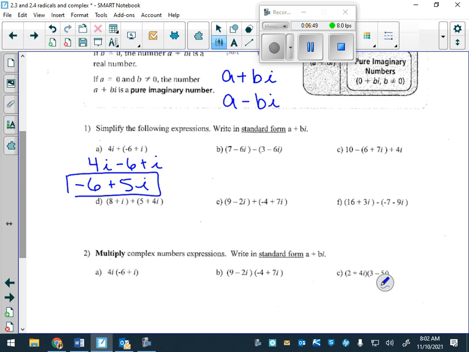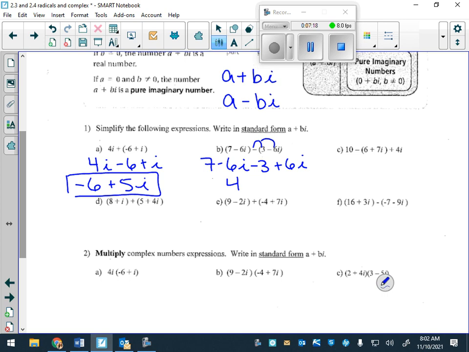Okay? So we're going to carry down 7 minus 6i, but we want to distribute that negative sign to both. So we have -3 plus 6i. The reason we want to distribute is because you're subtracting the whole expression there, the whole binomial. So now we're going to combine like terms. 7 minus 3.